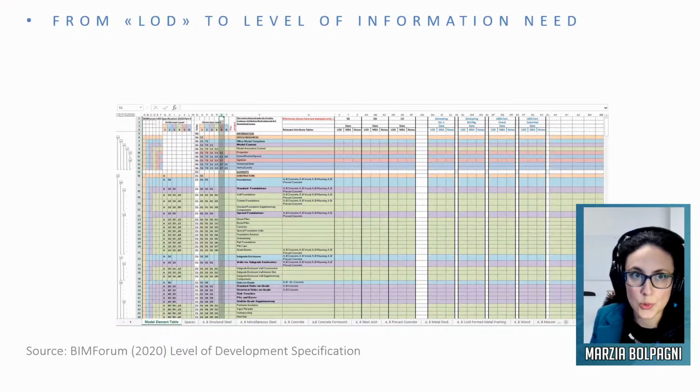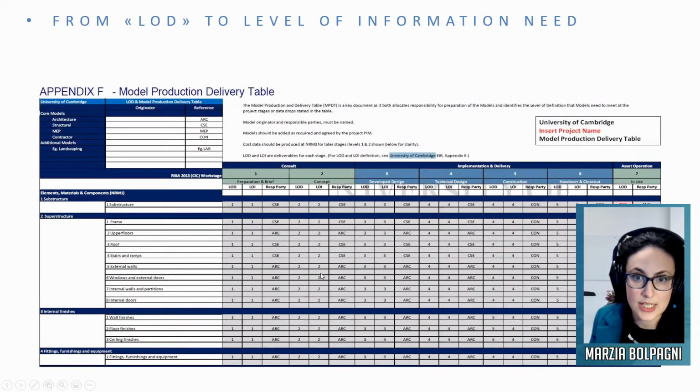What we usually do, and we created documents for this, is define the different elements. So we have a breakdown structure, and then we define for different phases which is the LOD, and we usually put a number, as we discussed. But of course, in different countries there are also different standards on that.